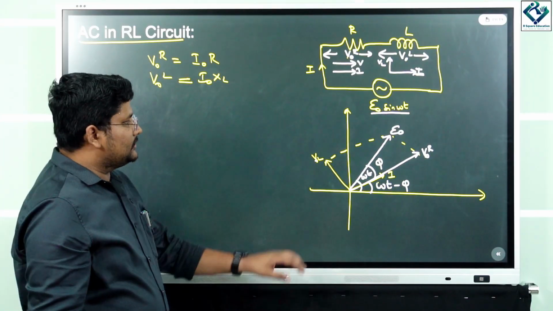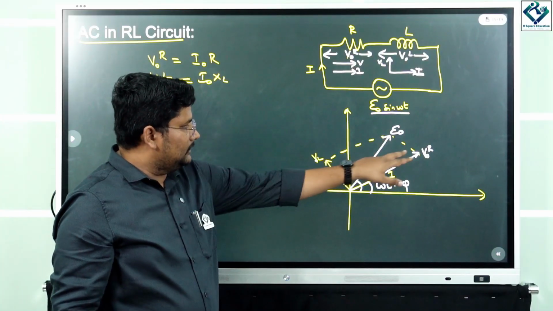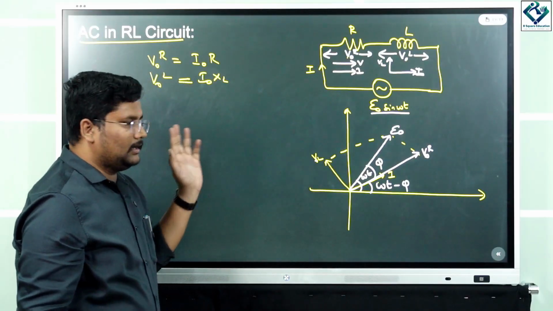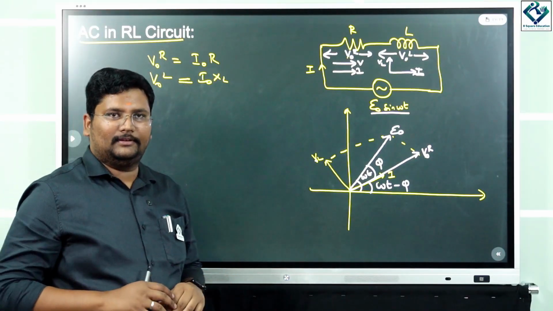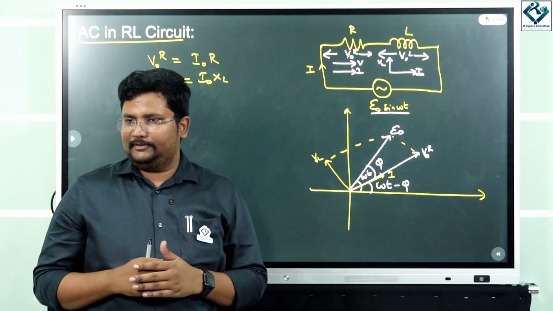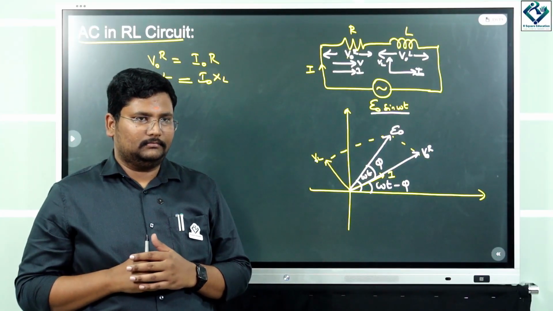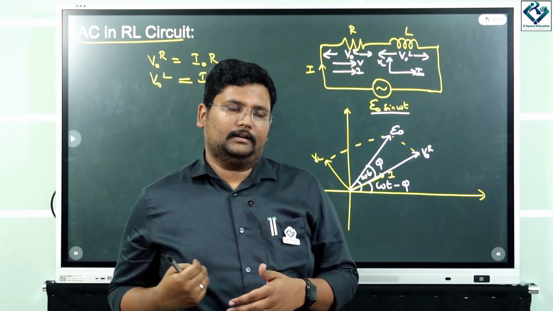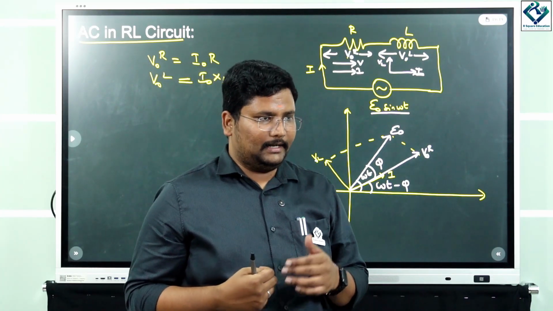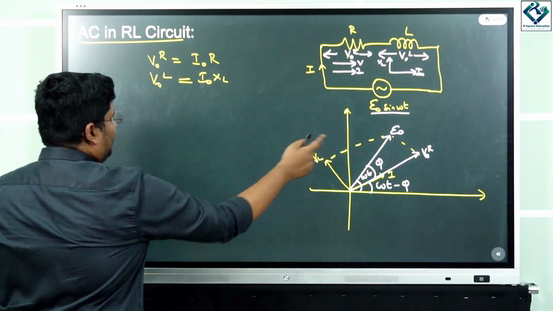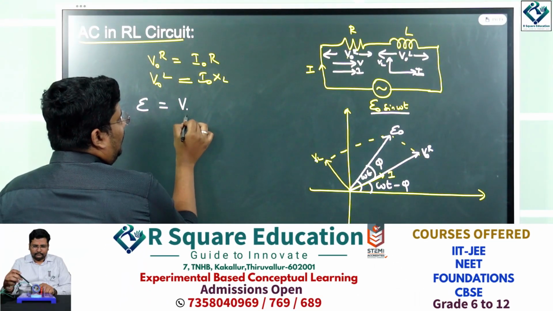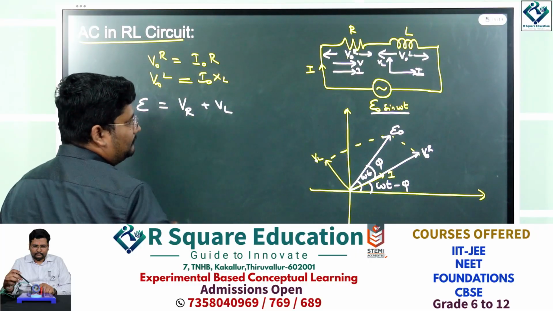Now you have a right angle triangle here, so you can go for the Pythagoras theorem. Ultimately, we are going to supply the EMF and calculate the current. So according to this equation, E is equal to VR plus VL.